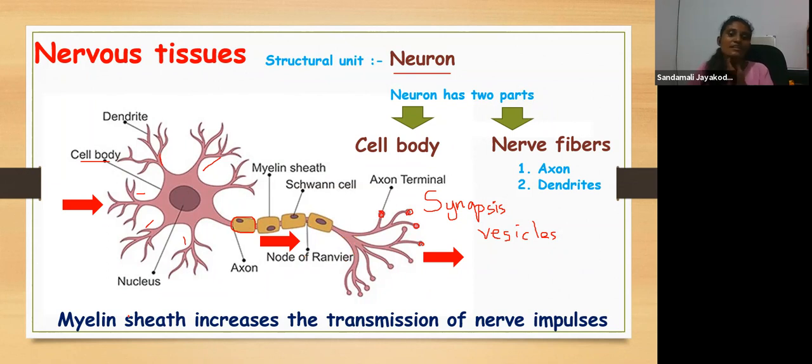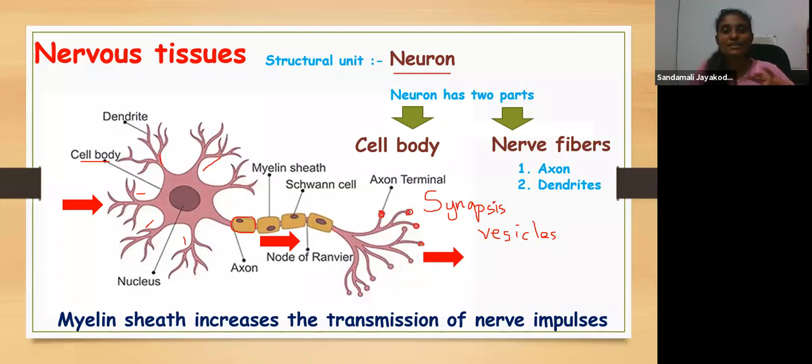These myelin sheaths are very important for the transmission of nerve impulses, because they increase the rate of transmission of nerve impulses. Because rather than walking in a way, it is better to jump from one place to another.